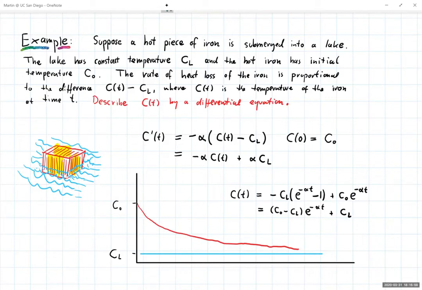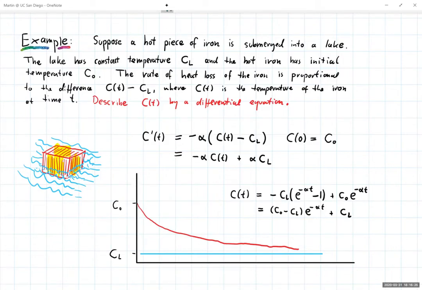Now, if we simplify this a bit, we can also write this down as C naught minus CL multiplied by exponential of minus alpha t plus CL, and a graph of C of t is given here in the bottom of the slide.